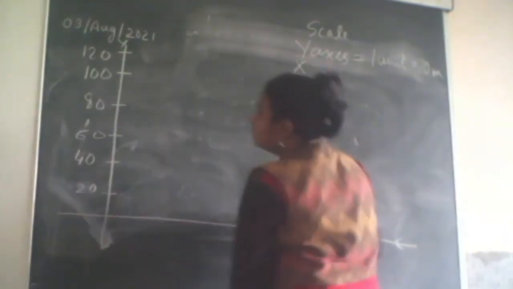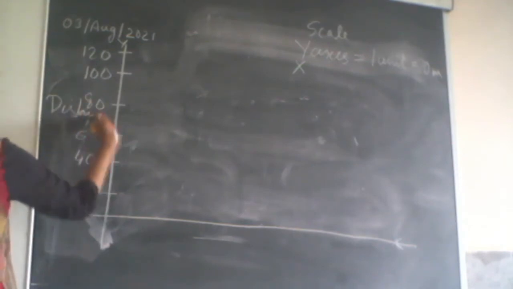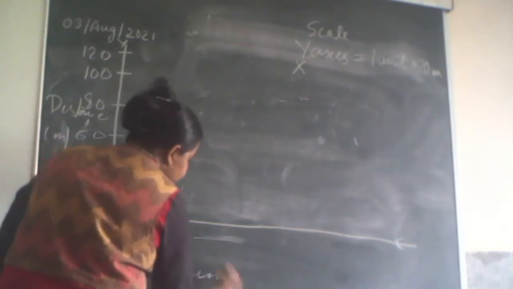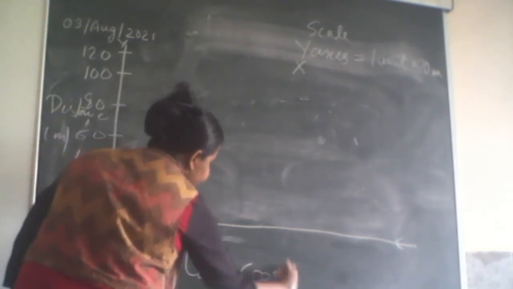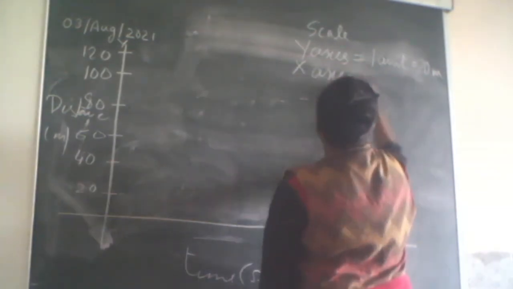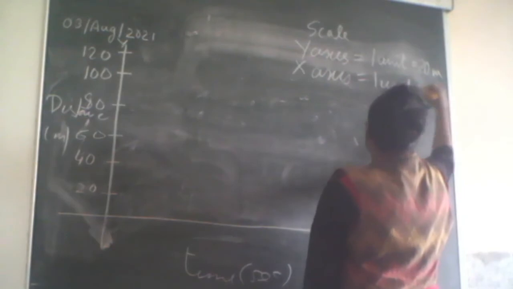Okay. Now let's see the x-axis. So here is the distance, time given in seconds. X-axis: 1 unit is equal to how much?